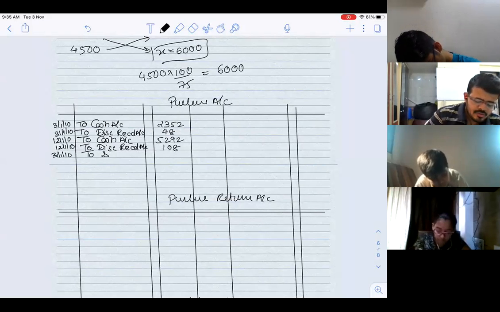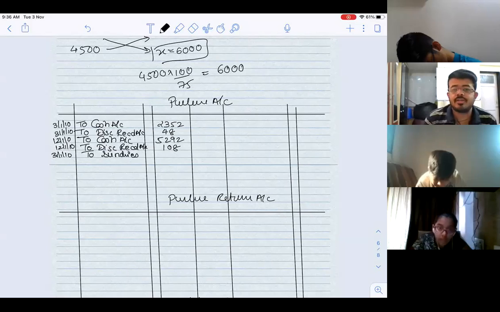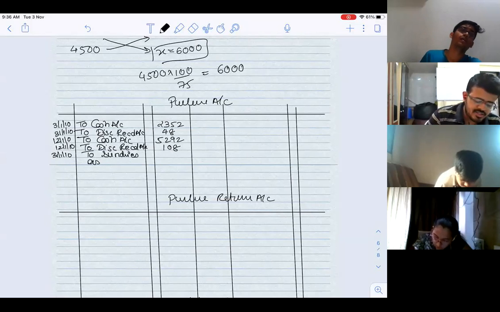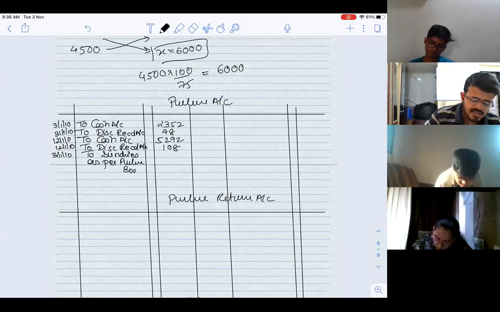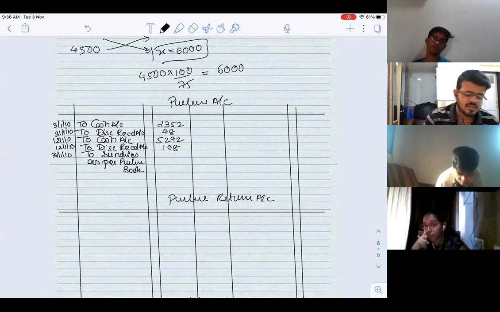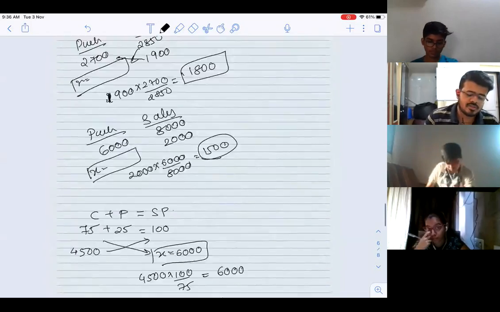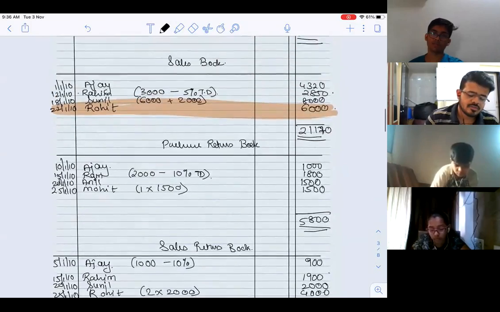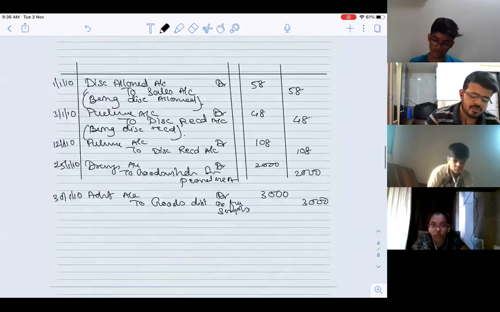बोलो. How will you post the credit purchase? अभी किया तुमने. क्या करना है? Total. So two sundries as per purchase book. कितना है purchase book का total? 25,200.